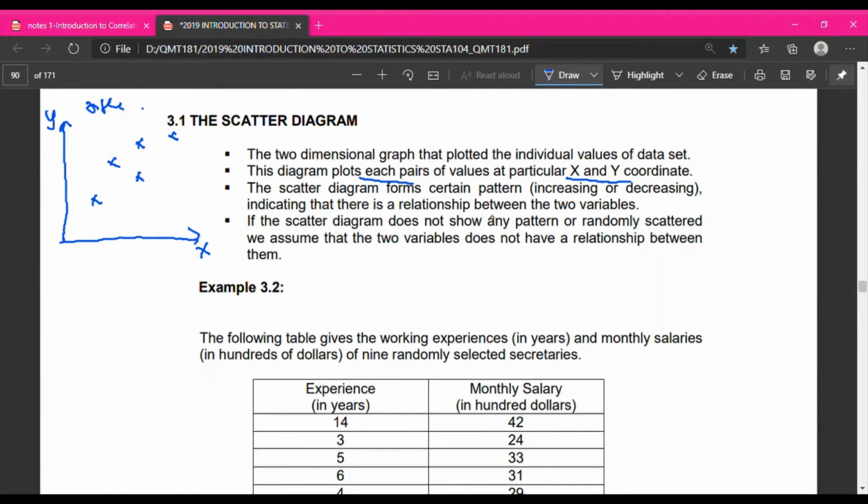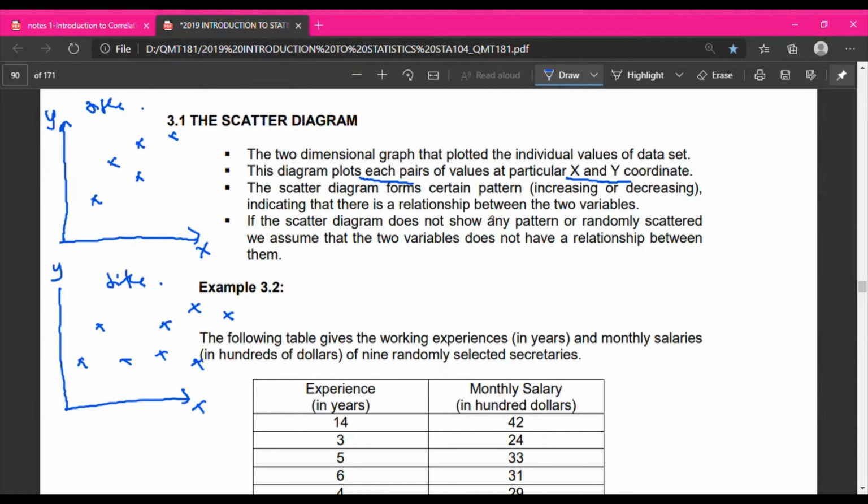Okay, if the scatter diagram does not show any pattern or randomly scattered, we assume that the two variables do not have the relationship. So, if you have this type of pattern, here, contohnya here, here, here, tak ada pattern. Okay, tak nampak. Contohnya macam tu. Tak nampak increasing pattern ataupun decreasing pattern.